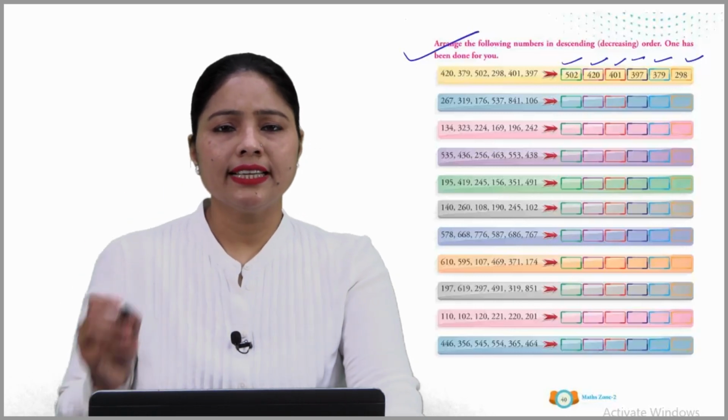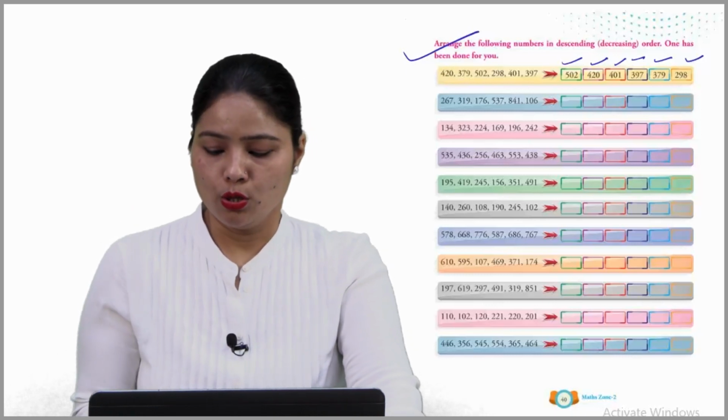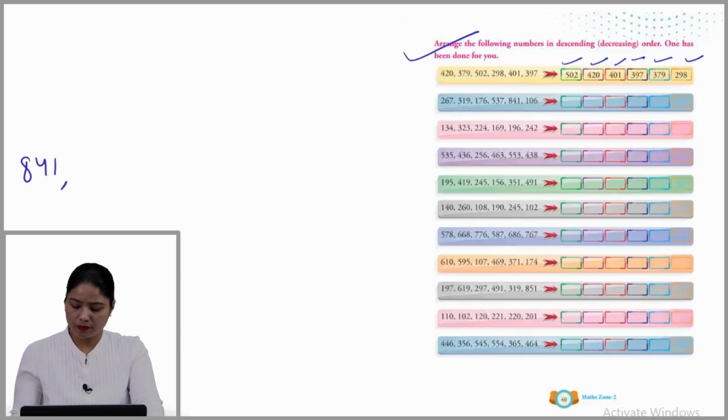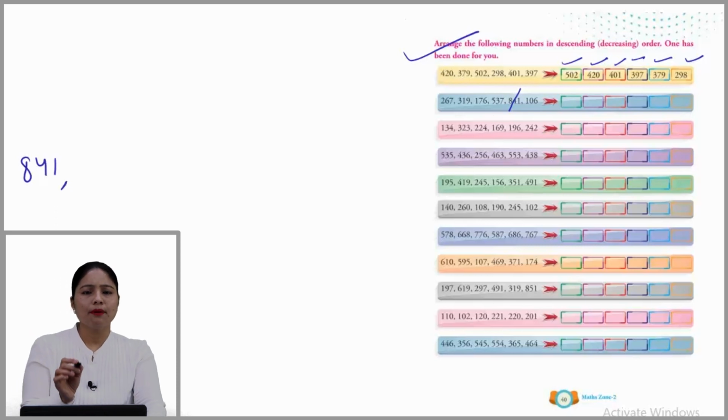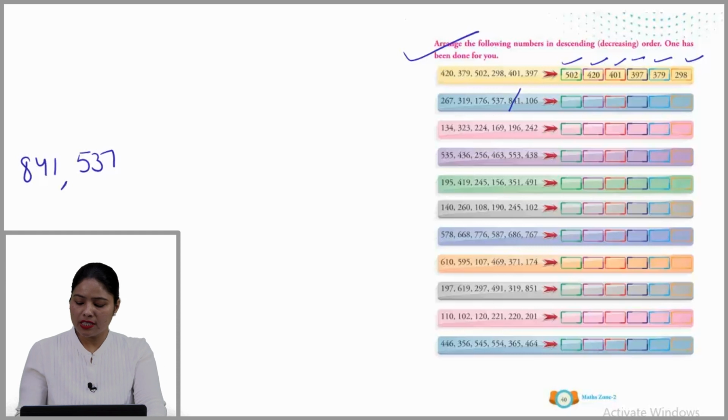Among all we can see that our bigger number is 841. So write it, 841. Okay, then cut it from the list. 841 ले लिया. उसके बाद हमारा आता है बच्चों 537. So write it and cut it from the list.